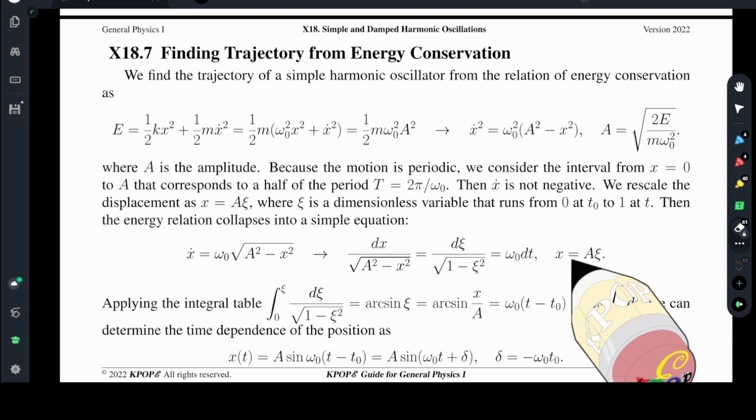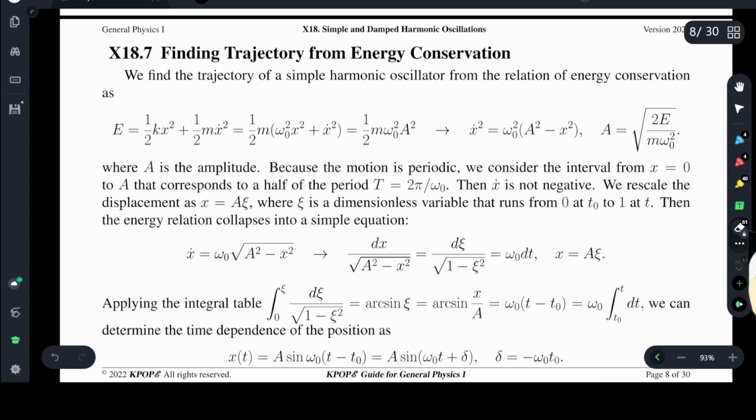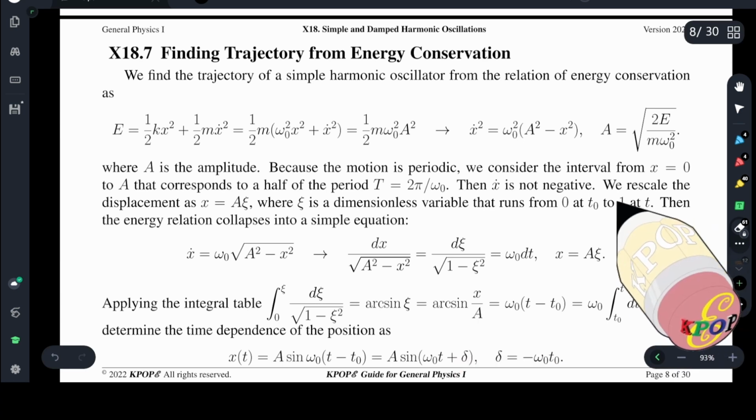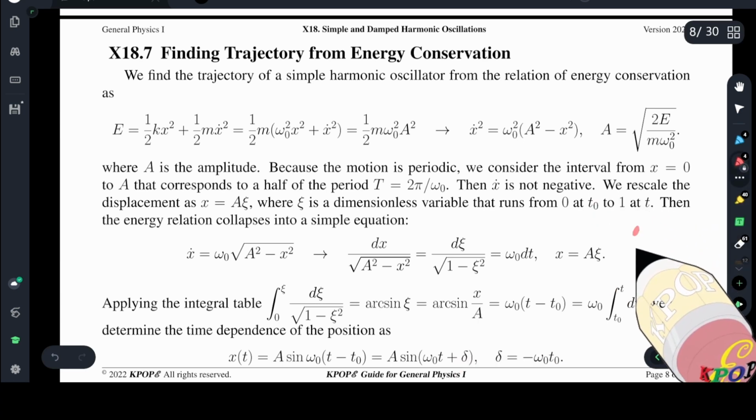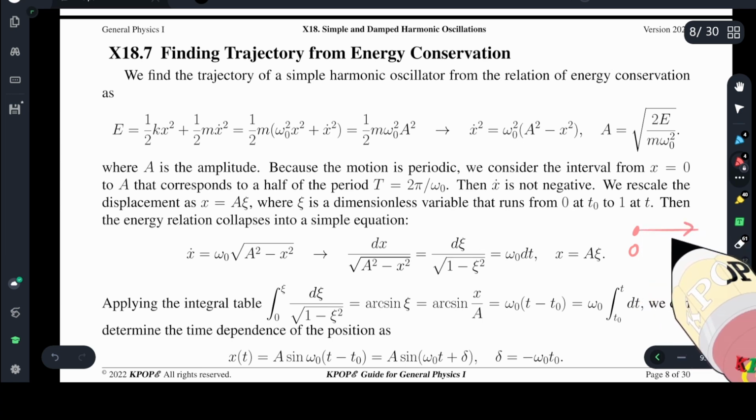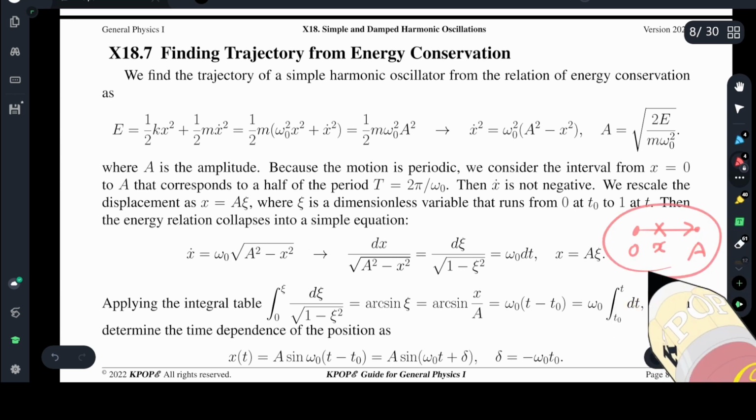But in general, this calculation can be carried out for a general x in that region, from 0 to somewhere x less than A, and then we can find the exact time dependence of the problem.